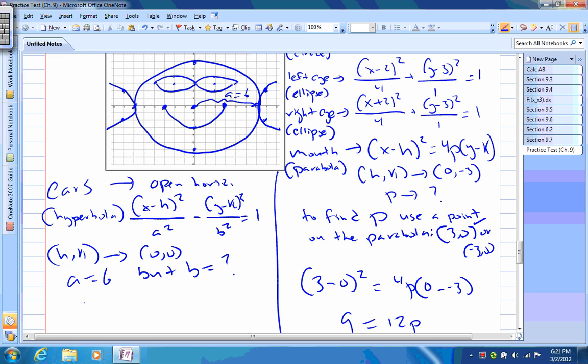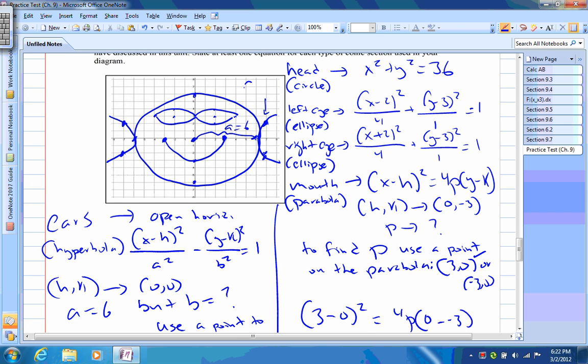So again, just like for the parabola, use a point to find b. Now see, I have a few options. I actually plotted 4 points of the ears. Let's use this one, 7 comma 2.